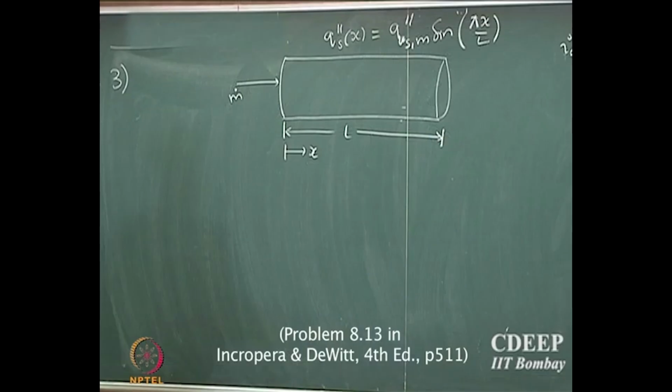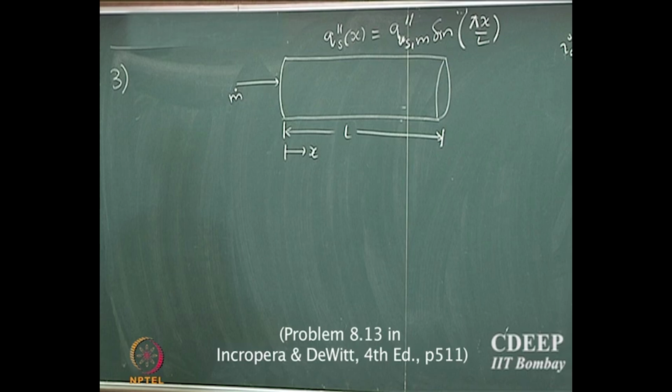So, once again we have a tube, okay. Now instead of having constant flux, we have a variable flux, but a known variability. Okay.